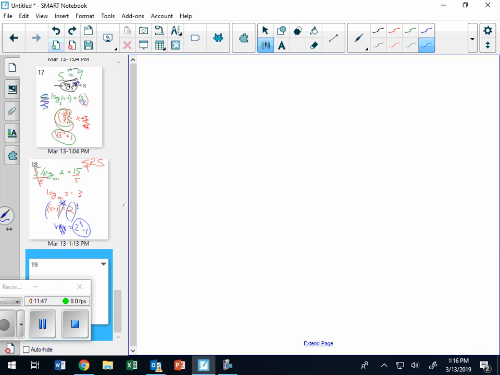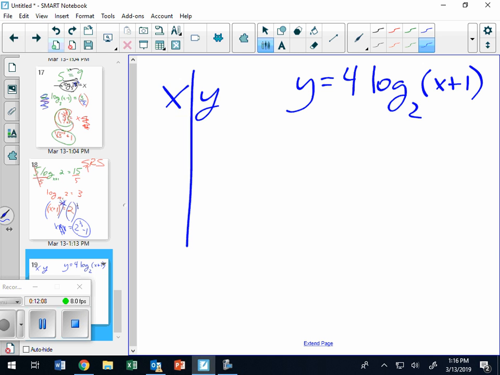So whatever you were doing, I'd recommend getting a blank Notability page ready and then try to graph this. For log base 2 of x plus 1. XY chart is your best friend. Give me a number that works nice.